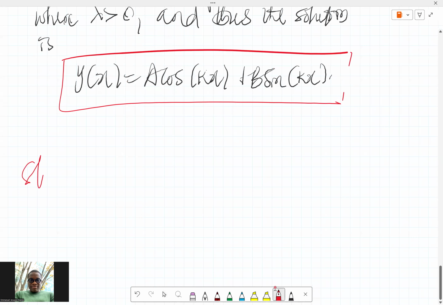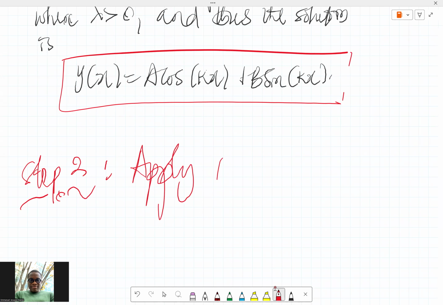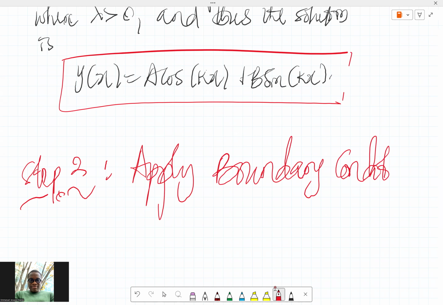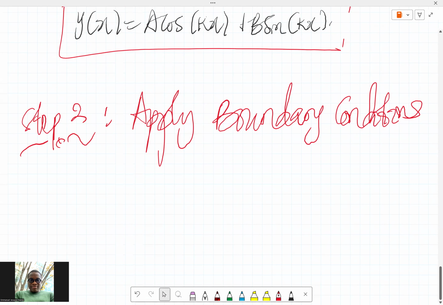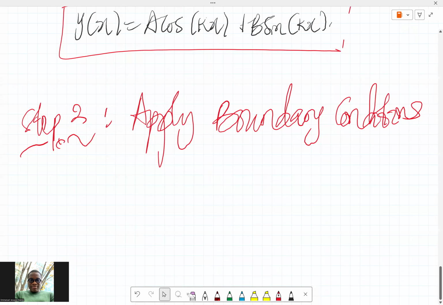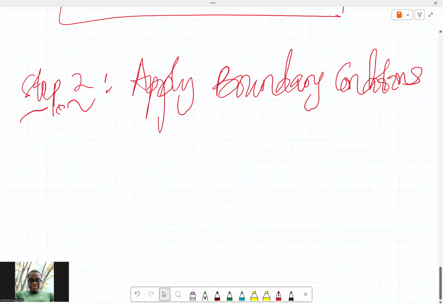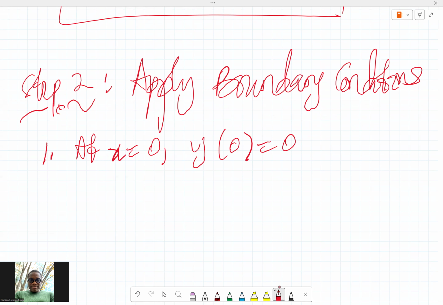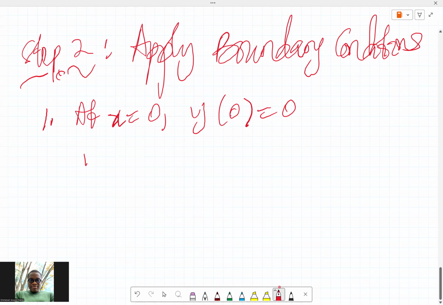So let's go for step 2. Step 2, we apply boundary conditions. First, we know that at x equals 0, y of 0 is equal to 0.